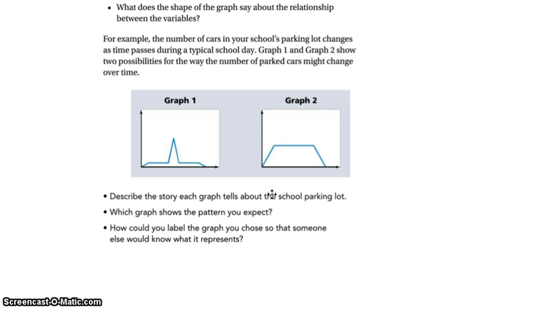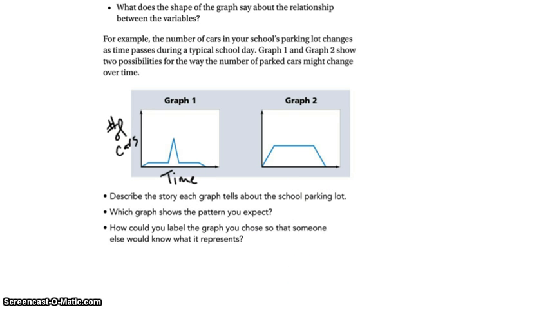And so we can determine a lot from these two graphs. First off, what would be the two variables? All right, so the variables for this graph over a day, obviously the dependent variable is going to be number of cars in a parking lot, and our independent variable is going to be time.